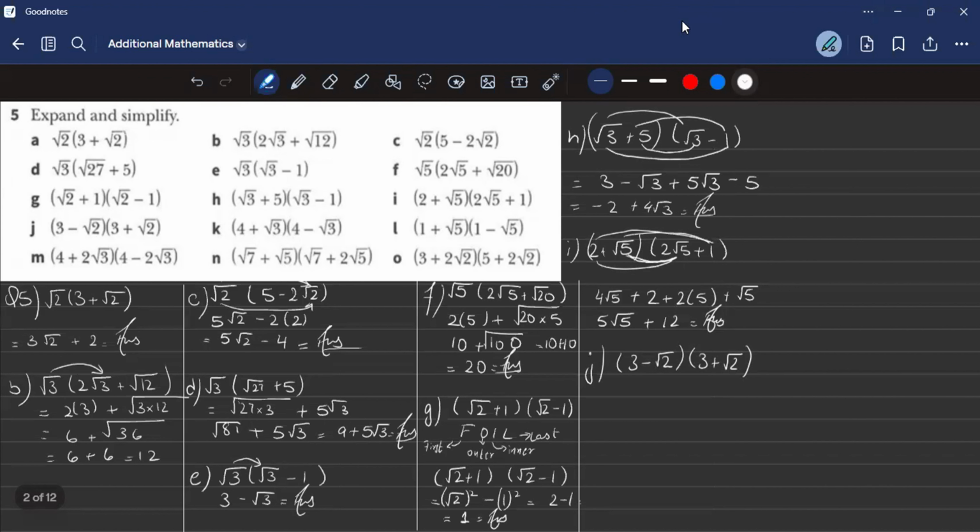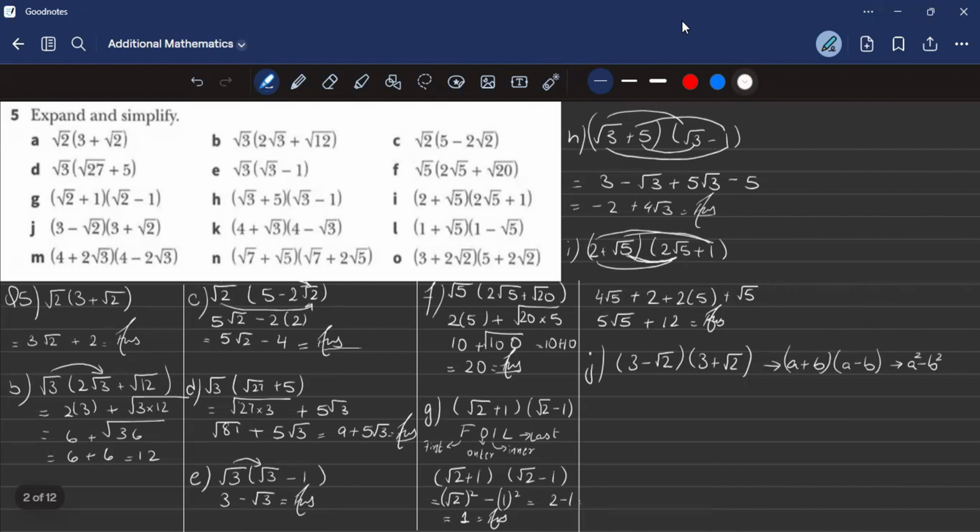So now the next part is part J, 3 minus under root 2 and 3 plus under root 2. So the thing is, what we're going to do is basically, again, not use the FOIL method. We are going to use the formula, because a plus b multiplied by a minus b is equals to a squared minus b squared. And you have to remember that whenever you do anything.